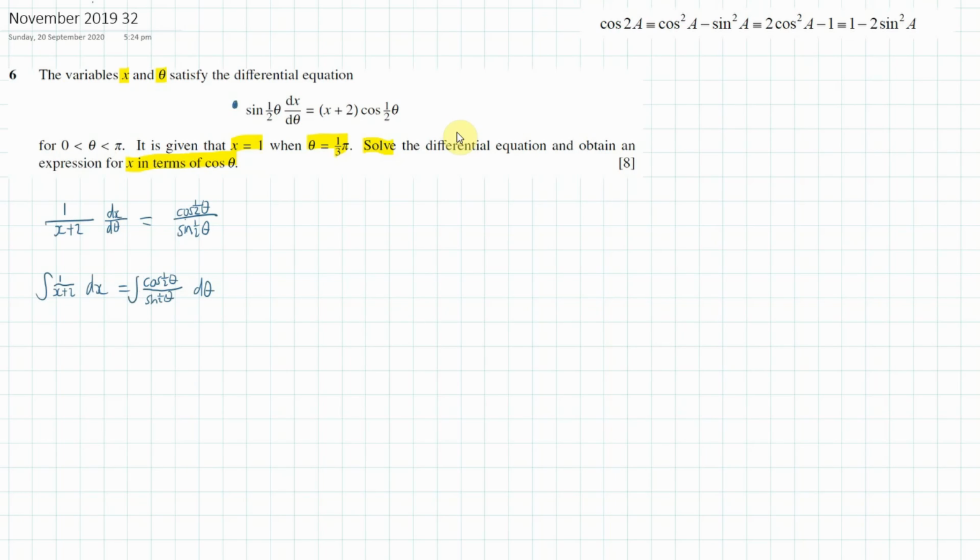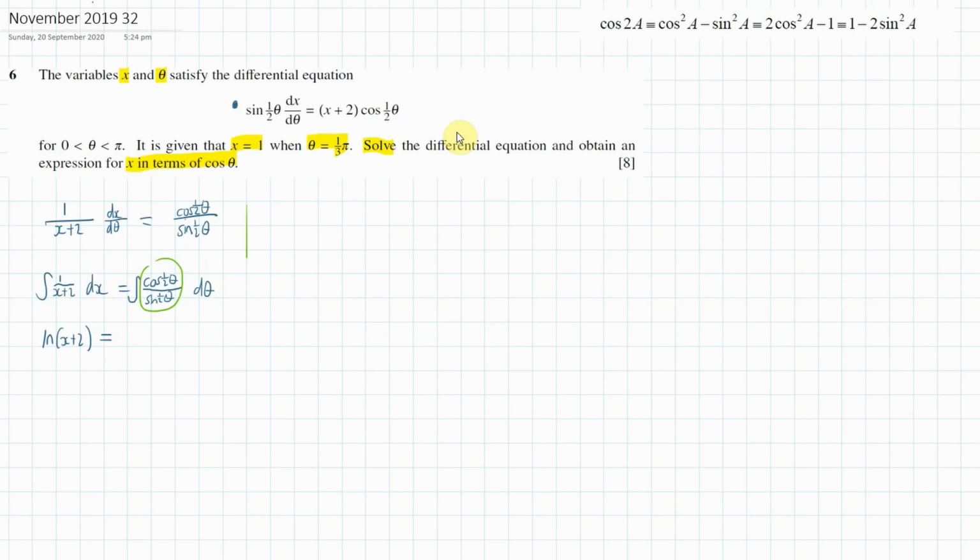So now we are going to integrate both sides. On the left hand side we will have ln x plus 2, and on the right hand side, now this is quite interesting actually. If we look at this here, I'm just going to put a little box up here.